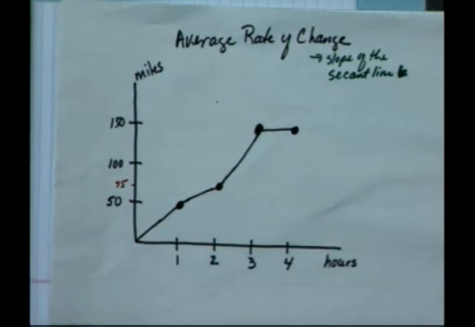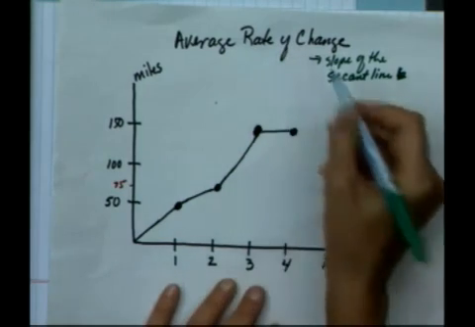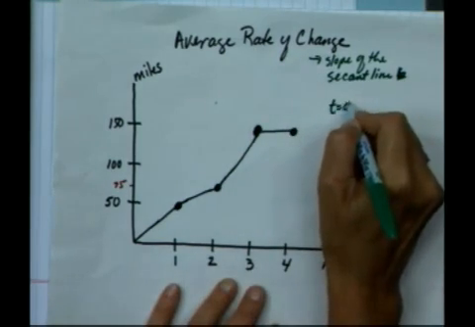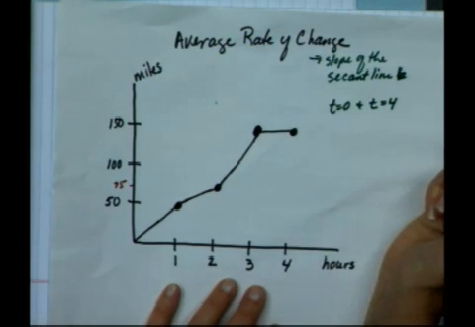and your mom is immediately going to go, okay, you traveled 150 miles in 4 hours. I want to know what kind of speed you went on the highway. All right, so we're going to find the average rate of change between t equals 0 and t equal to 4.